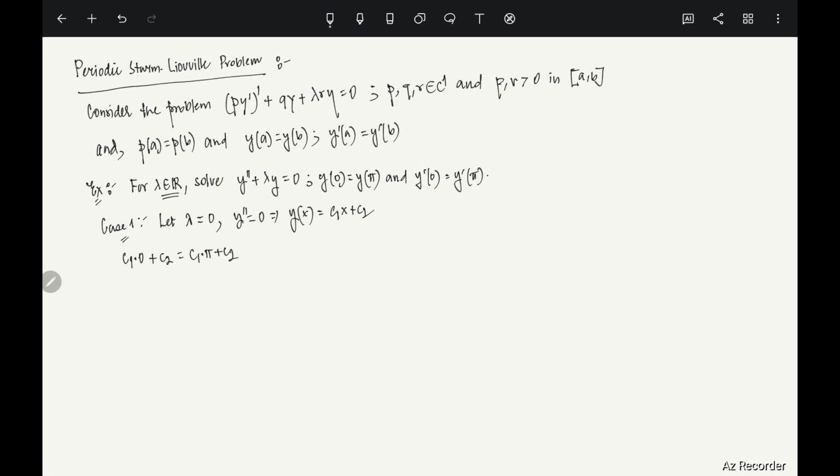So what does it give you? c2 is c1 pi plus c2, so c1 has to be 0. There is no other option.